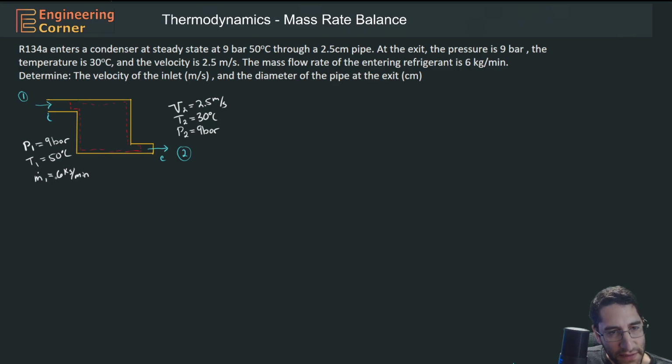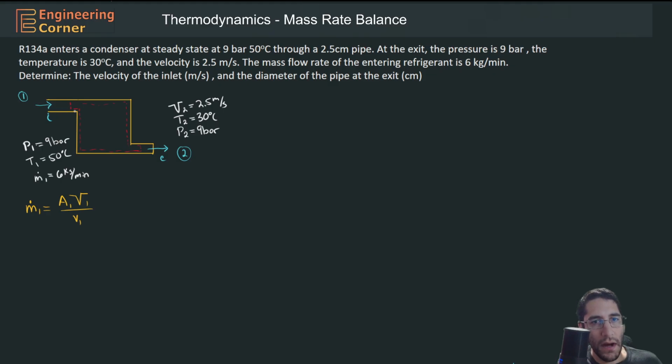Now, we're given a mass flow rate, and we know that for a mass flow rate, my mass flow rate of something, and we'll just say 1, is going to be equal to A1 V1 over this specific volume 1. This V is my velocity. This V is my specific volume.